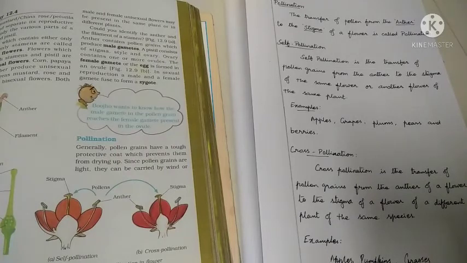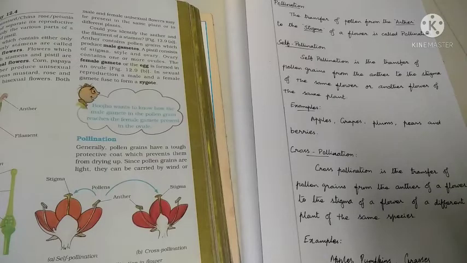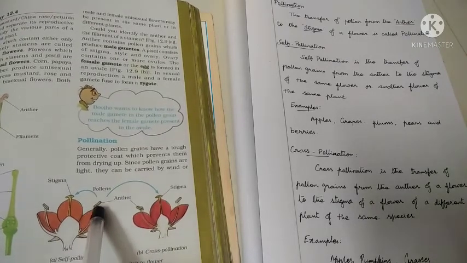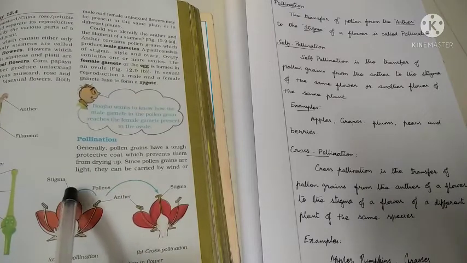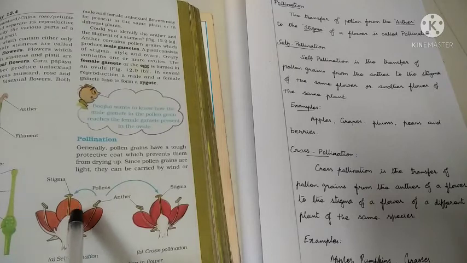First, let us see what self-pollination is. Self-pollination is the transfer of pollen grains from the anther to the stigma of the same flower or another flower of the same plant. Okay, listen carefully.